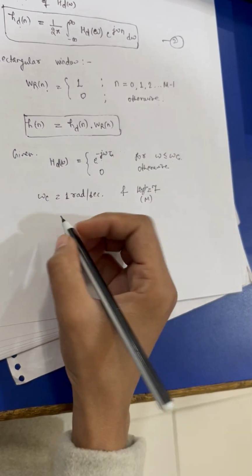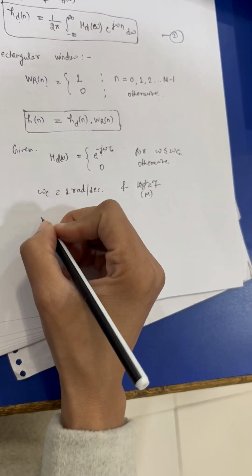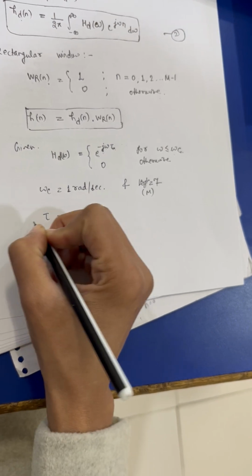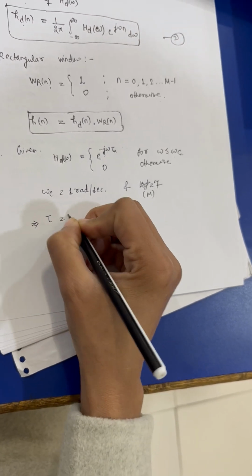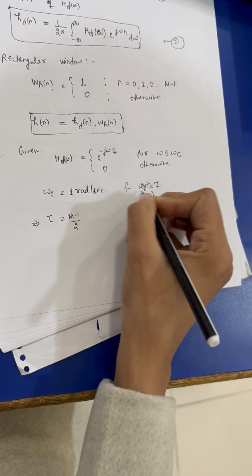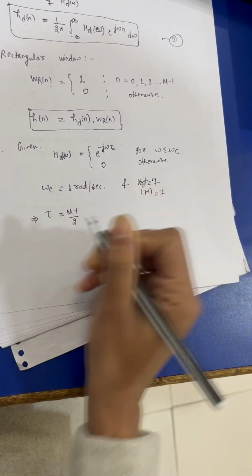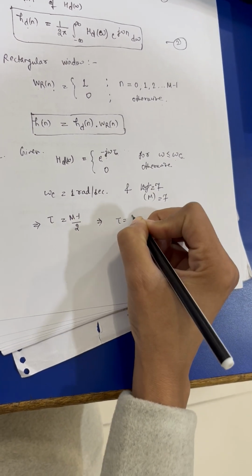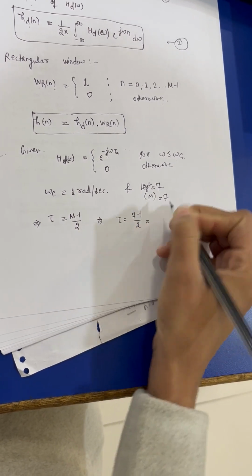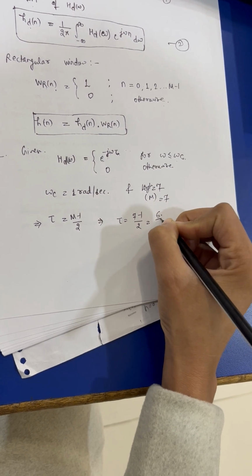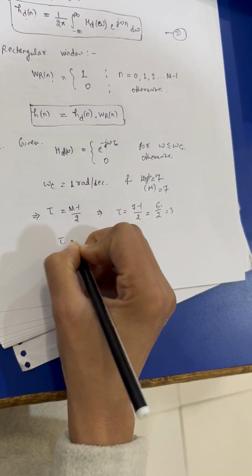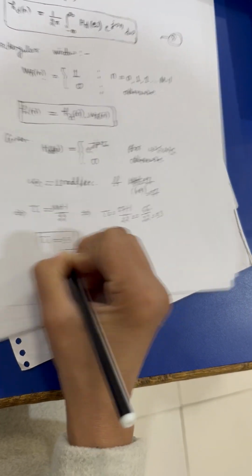But if τ is given, then we solve. τ is equal to (M minus 1) by 2, and with M equal to 7, τ is (7 minus 1) by 2, equal to 6 by 2, equal to 3. So the value of τ is 3.